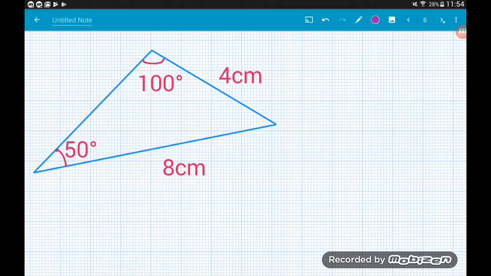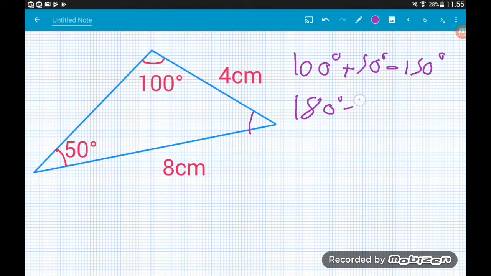Okay, now then, in this question, we've got a slight hitch. We've got two angles inside our triangle, we've got two lengths inside our triangle, but we do not have the angle between our two lengths. Luckily though, we can work that out. If we add together 100 degrees and 50 degrees, that gives us 150 degrees. So to work out this angle here, we do 180 take away 150, and that gives us an angle of 30.